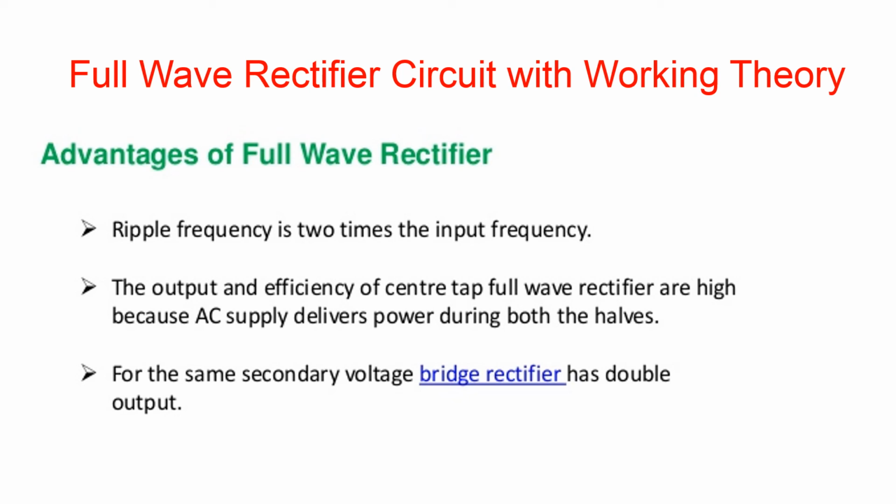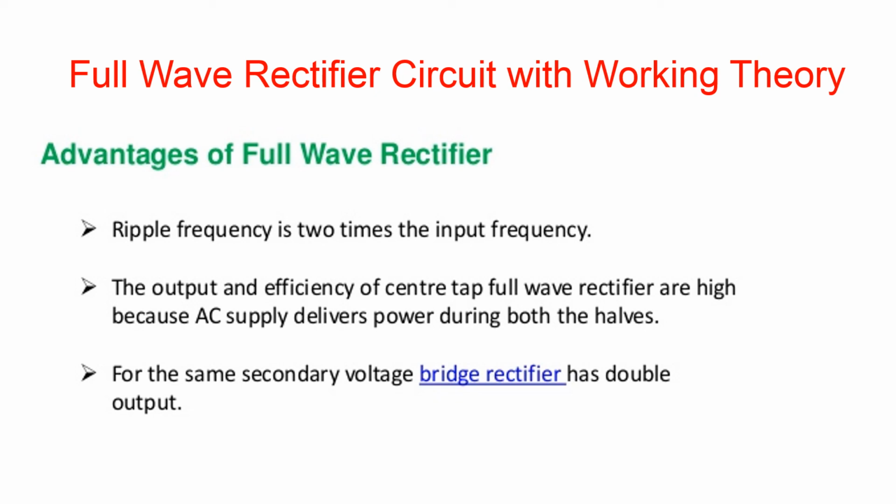The output and the efficiency of a center tap full wave rectifier are high. This is another important thing. The output of a full wave rectifier is higher as compared to the half wave rectifier, and even the efficiency of a full wave rectifier is higher than that of the half wave rectifier.